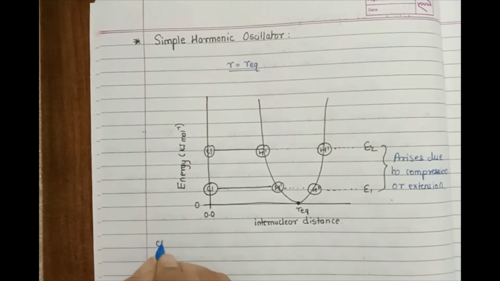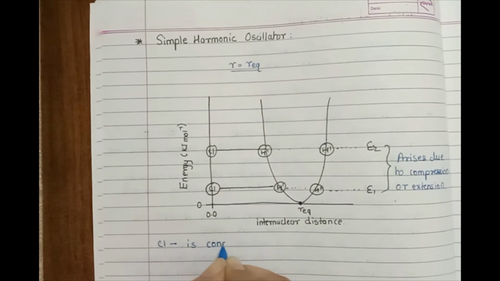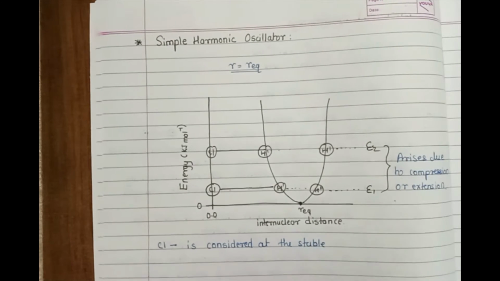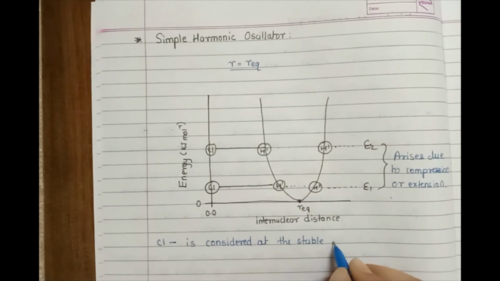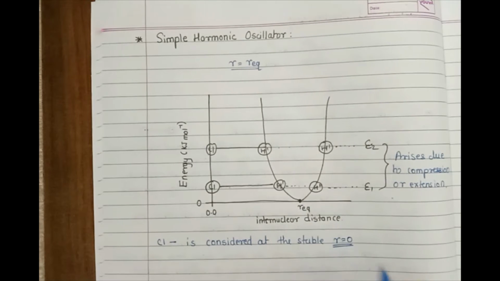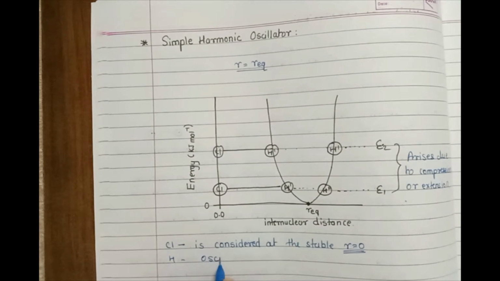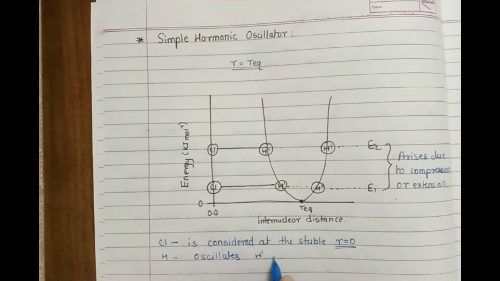So in this, the Cl atom is considered stable at R is equal to 0, while the H atom oscillates from the H dash position to the H double dash.